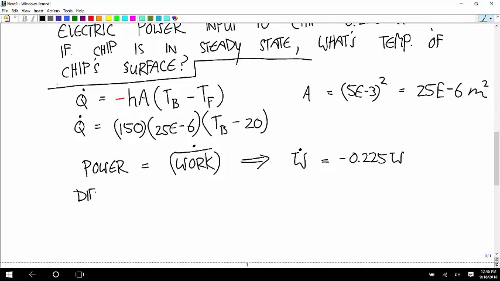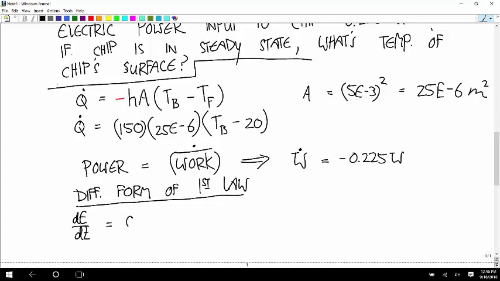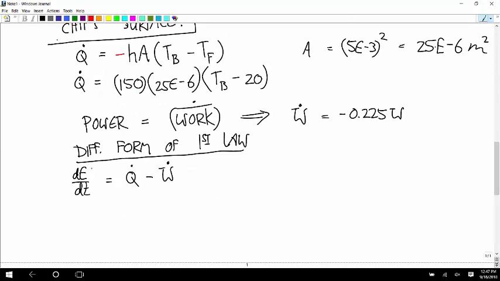So the differential form of the first law says dE dt is equal to Q dot minus W dot. This goes away because it's steady state.